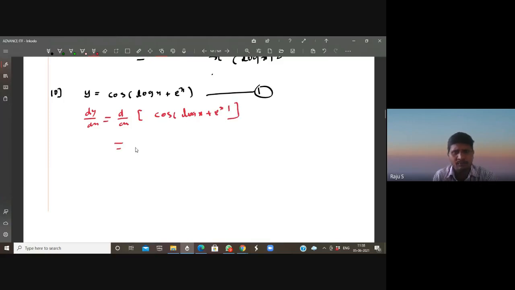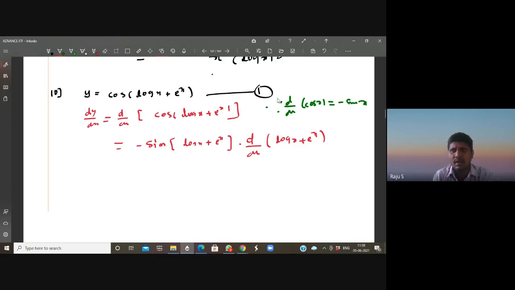Now cos will be minus sine of log x plus e power x as it is, into dy by dx of log x plus e power x. First I differentiated cos alone, since the bracket you have to write as it is, since derivative of cos x is minus sine x. Like that you have to write each and every formula, right? Okay, minus sine of log x plus e power x, then into derivative of log x, which is 1 by x, plus e power x. This is the answer.